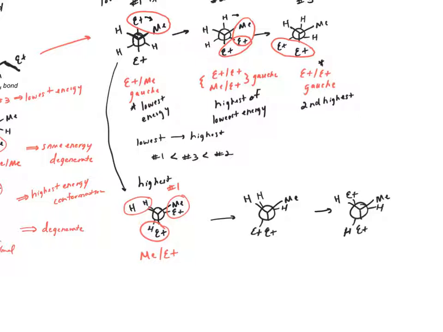Since we know those are going to be really taxing energetically, or have the highest energy penalty, the other ones are just hydrogen-hydrogen and hydrogen-ethyl. Same thing here for number 2. We've got an ethyl-ethyl eclipse, which is bad. We've also got a hydrogen-hydrogen, and then a methyl-hydrogen.